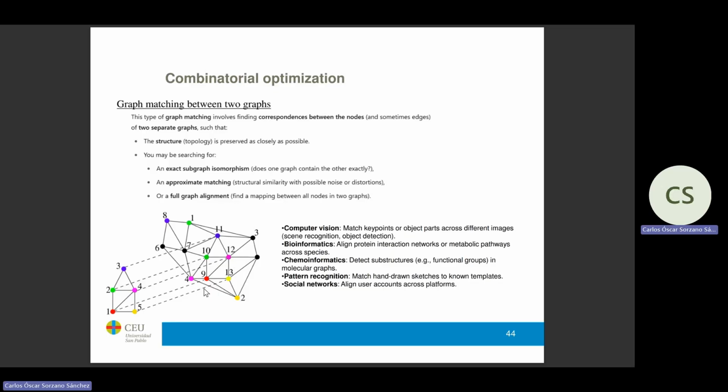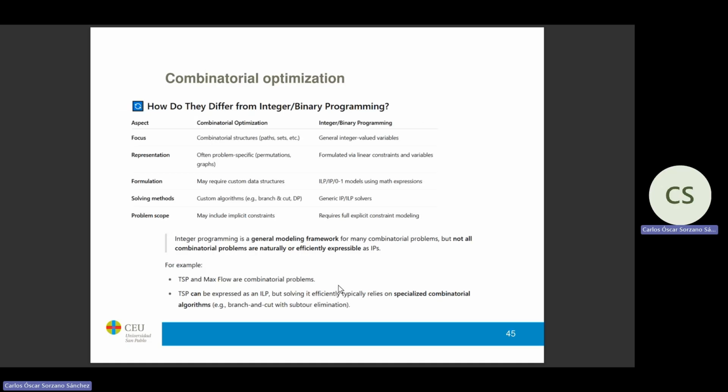Or you may want to have a full graph matching, so it is not a part of it, but all the nodes here have to find a match in all the nodes there, and vice versa. And this appears in computer vision, in bioinformatics, in cheminformatics, in social networks. So it appears in real-life problems.